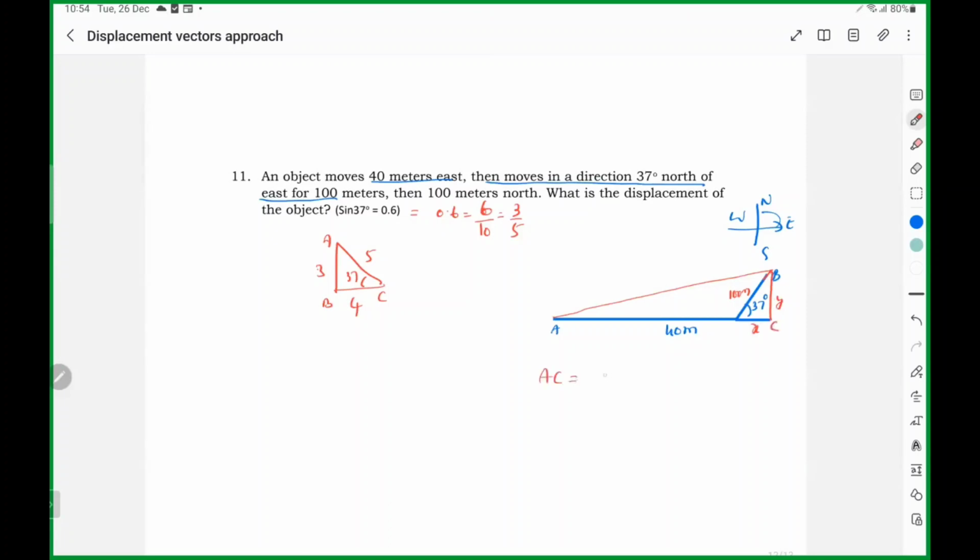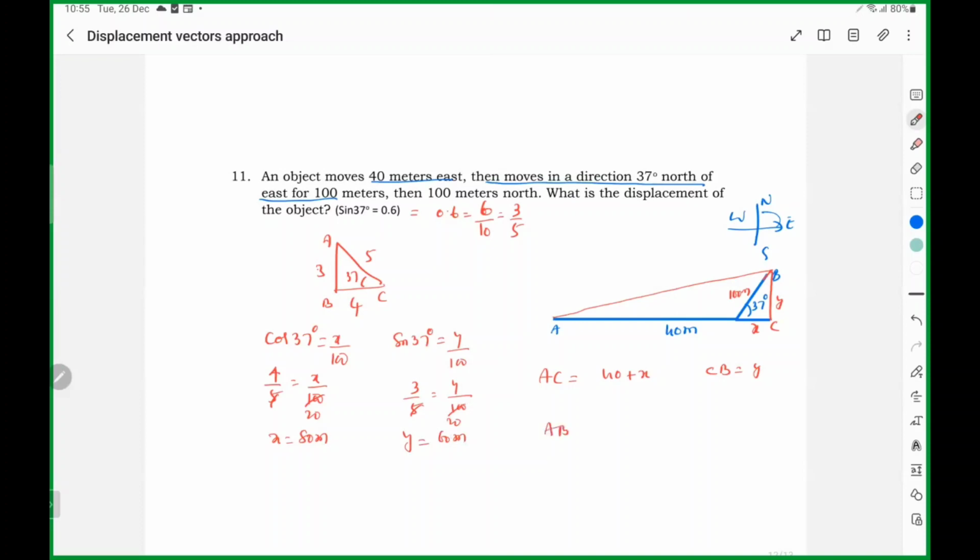AC will be 40 plus x. CB will be y. So by using cos 37, I can write x by 100. Cos 37 is 4 by 5. x will be 80 meters. Sin 37, 3 by 5, which is y here, is 60 meters.